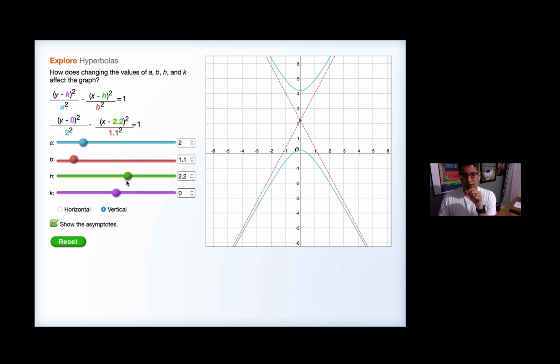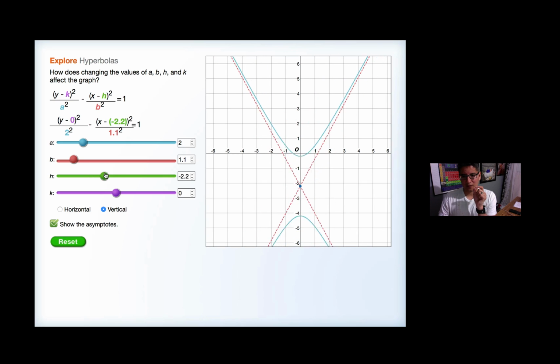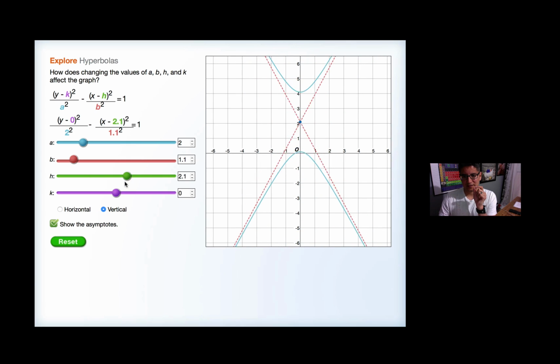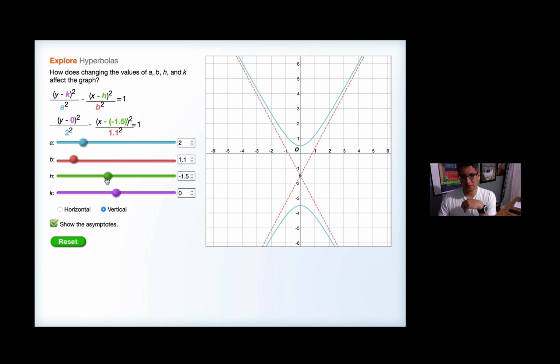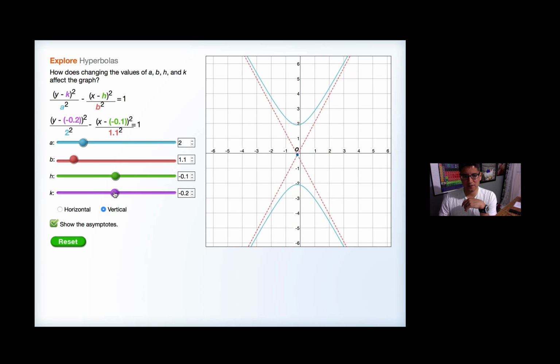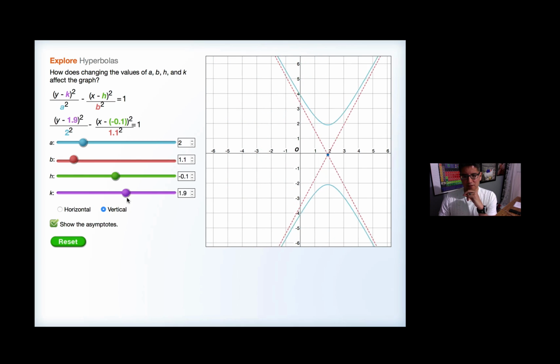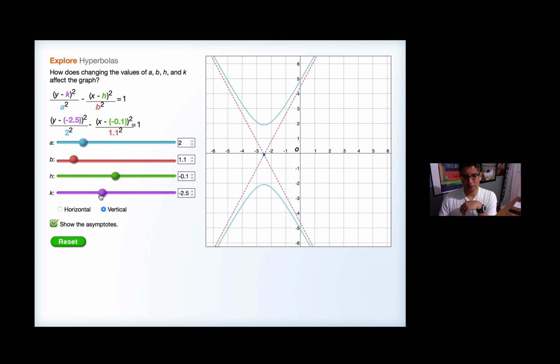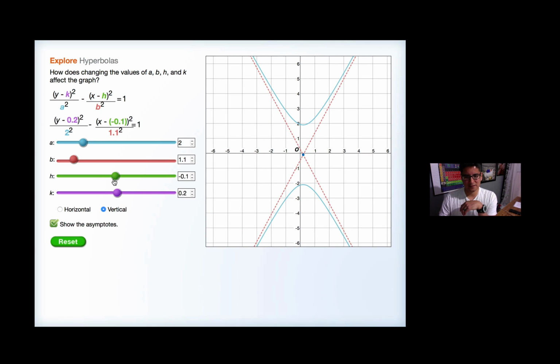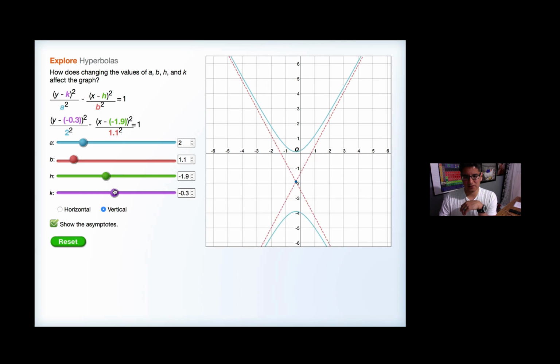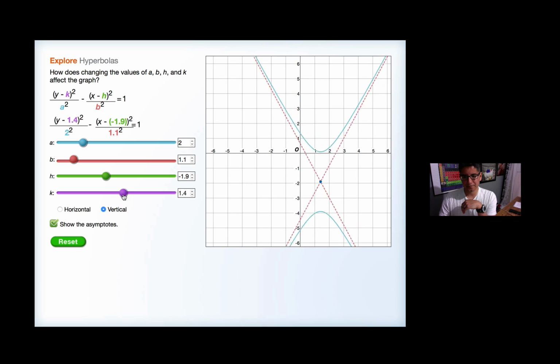So on a vertical graph, when I manipulate my h, I move about my y-axis, and my pivot point basically stays at the x point. Now look what happens when I manipulate my k. You'll notice your k changing over here. So when I manipulate my k in a vertical graph, it moves along the x-axis. So it's inversed, if you will.